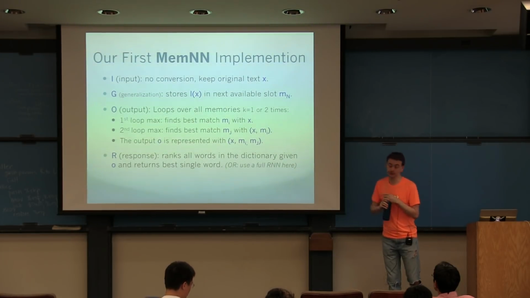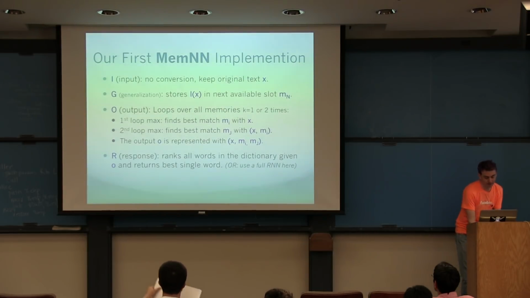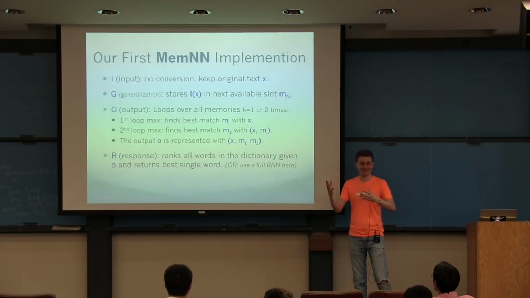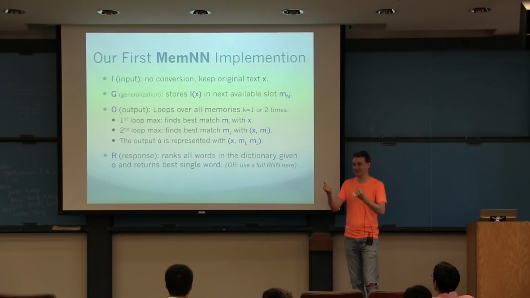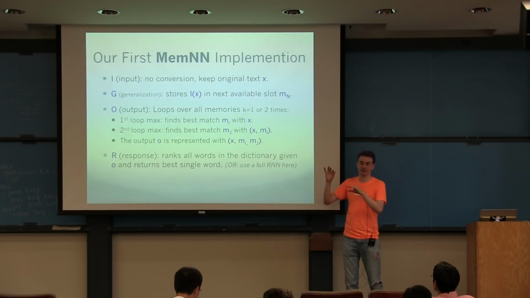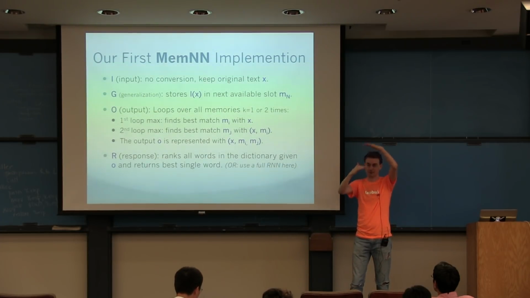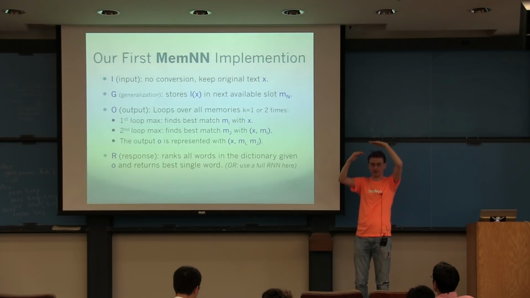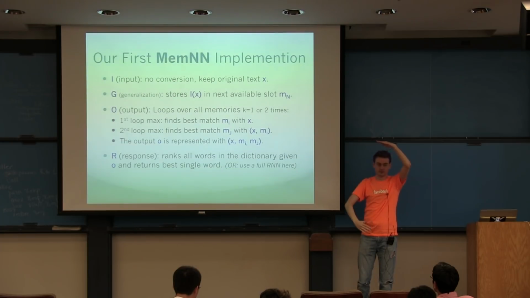For the I component, all we're going to do is take the input text and do nothing at all with it. We're just going to keep it in word format. And in the G component, we're going to store it in our memory. Our memory is just going to be a big array. We're going to store that text in the next slot that we know isn't filled yet. So we're just going to store the story.